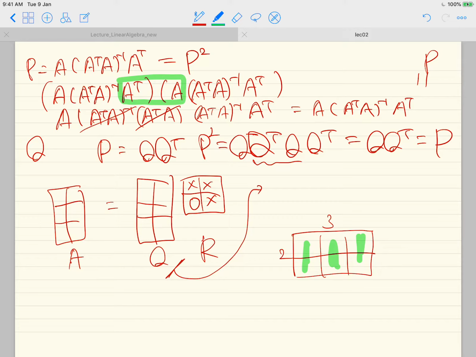So orthonormal columns means in our matrix, every pair of columns is orthogonal to each other, and between orthogonal and orthonormal, orthonormal has the additional condition that the vector length is all 1, right?